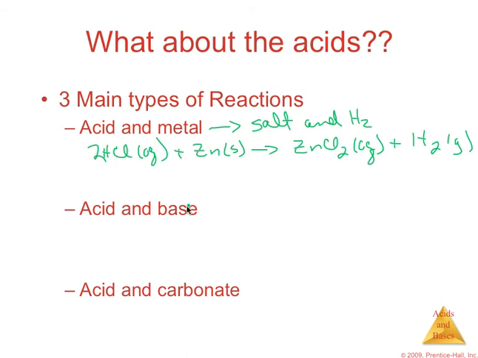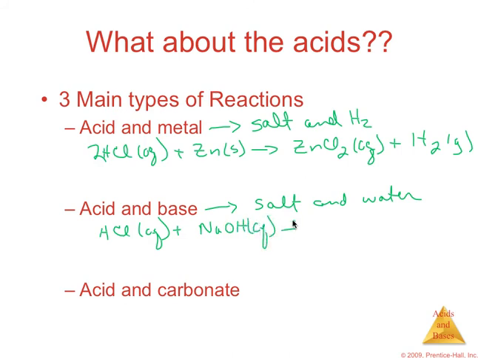Then we have the acid and the base. Hopefully you remember that this is going to form salt and water. Then something like hydrochloric acid reacting with sodium hydroxide, forming the salt, sodium chloride, and water. And then lastly, an acid and a carbonate.